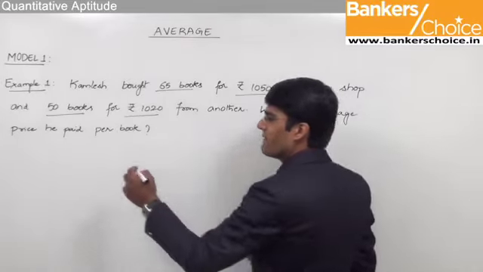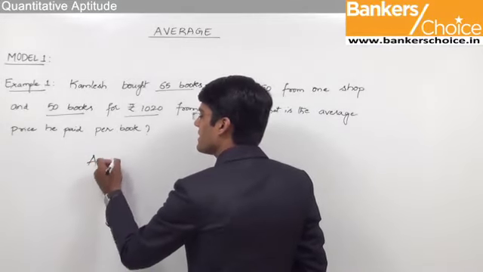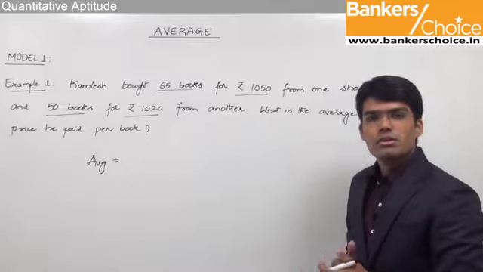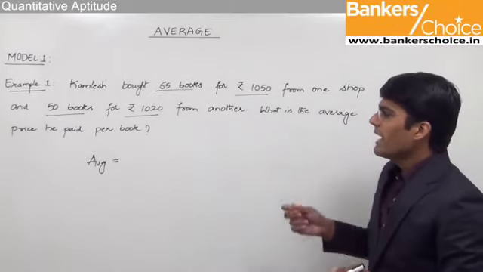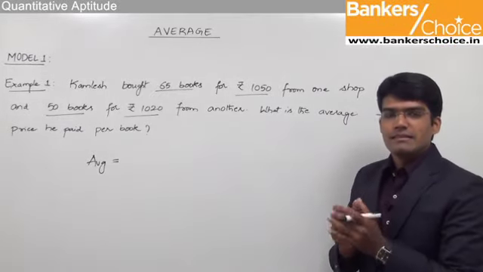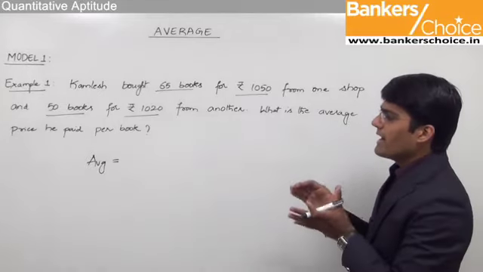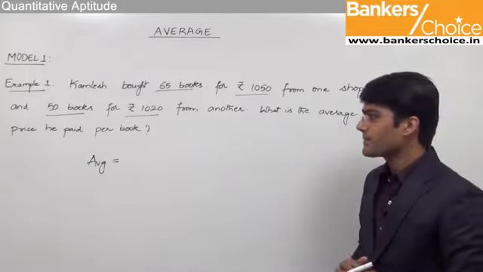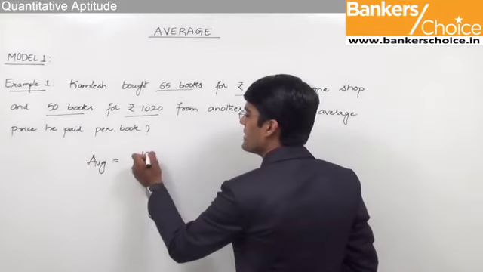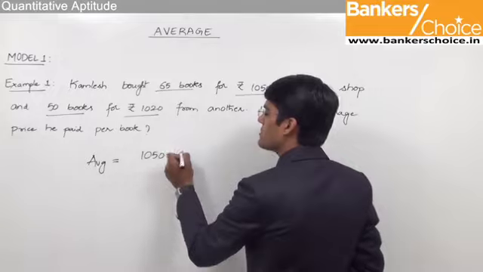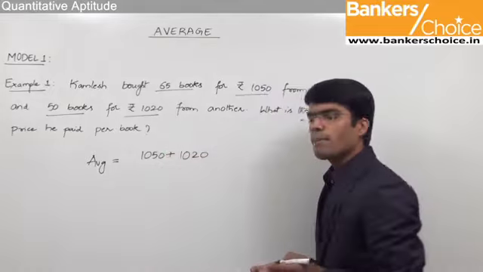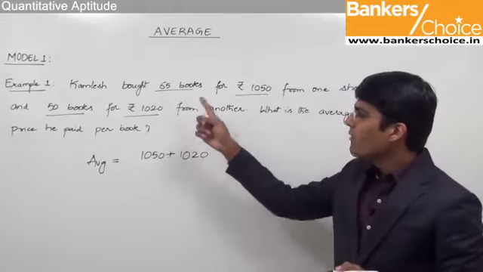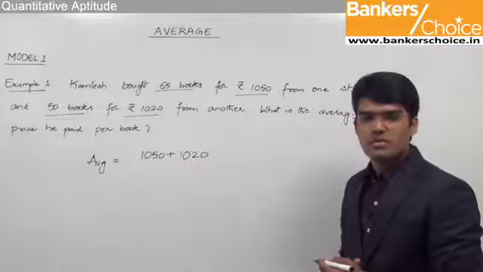So as we know from the definition, average is nothing but sum of all the elements by total number of elements. Now here, element is nothing but the price. Now here, we need to find out the sum of the price that Kamlesh has paid for all the books. That is nothing but 1050 in one shop plus 1020 in the other. So the total amount which Kamlesh has paid for these books is 1050 plus 1020.